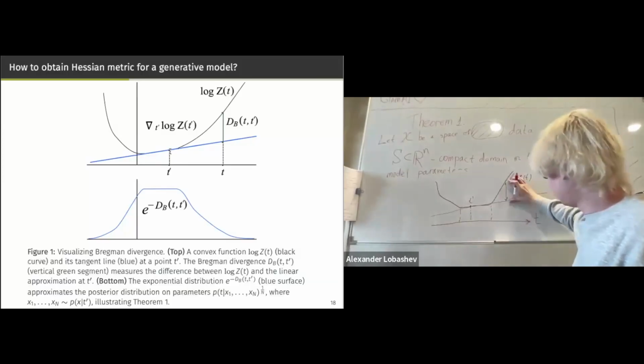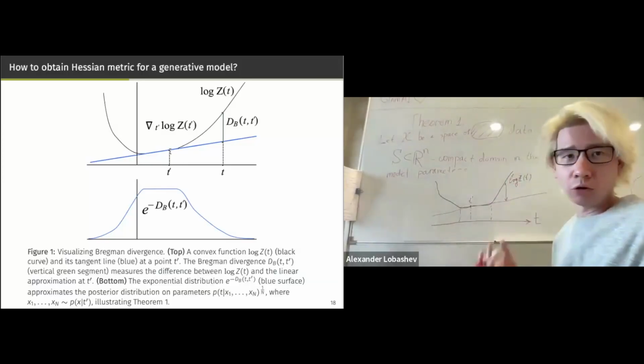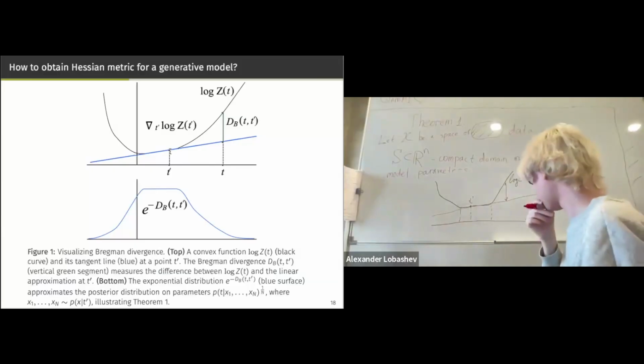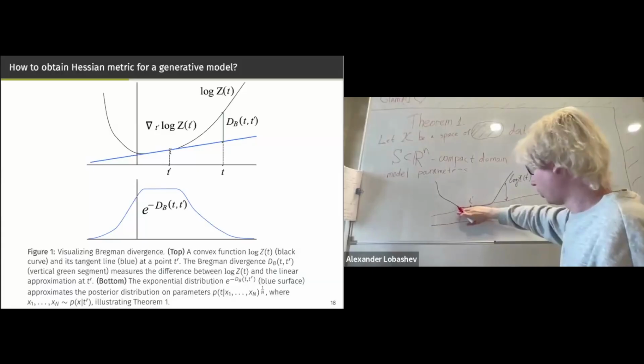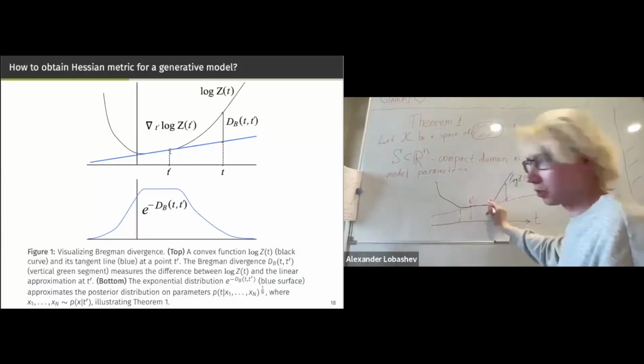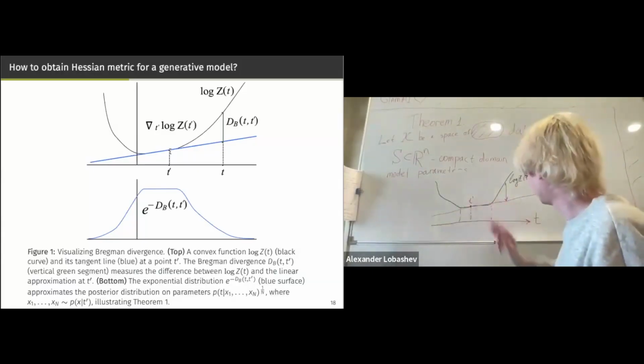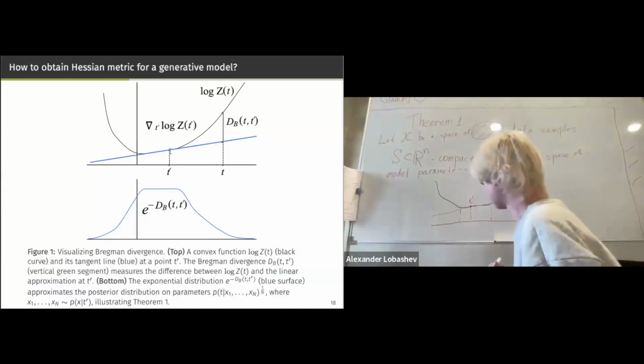So this is actually a difference in the space of probability distributions. And here we have a region where the convex function almost coincides with its tangent line.